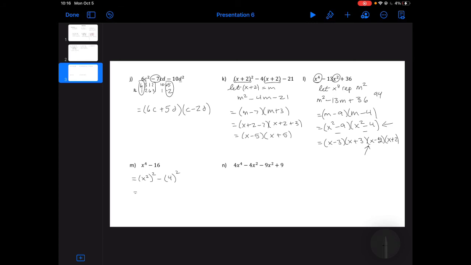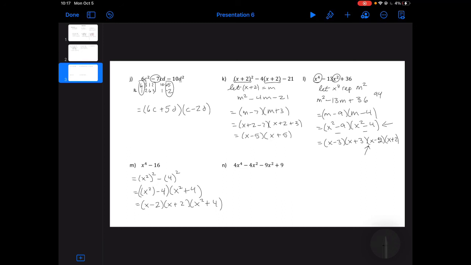So then when I go to factor this, I'm going to take the square root of my first term minus the square root of my second term, so a minus b, and then I'm going to multiply by a plus b. Now that second bracket is fully factored, I can't go any further, but this one I can keep going into x minus 2 and x plus 2, and then x squared plus 4 in my fully factored form.